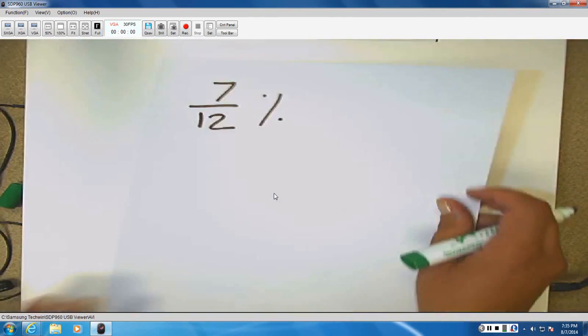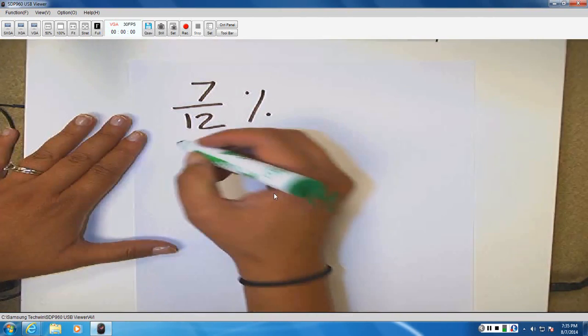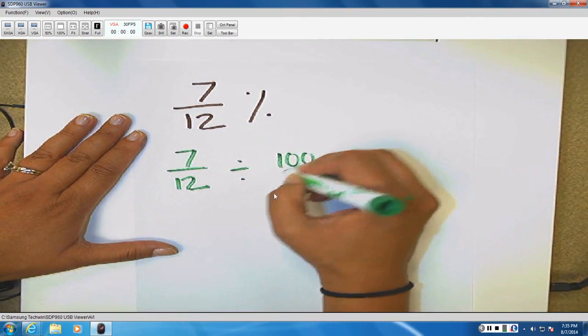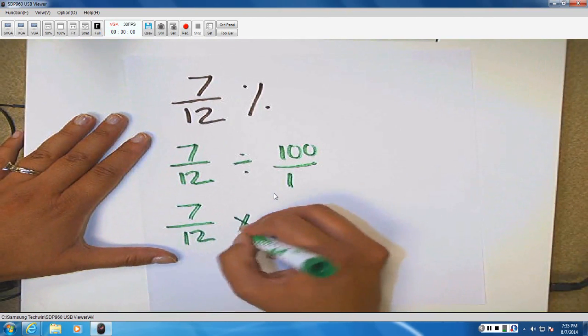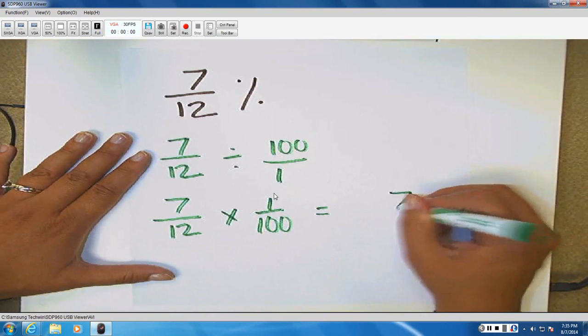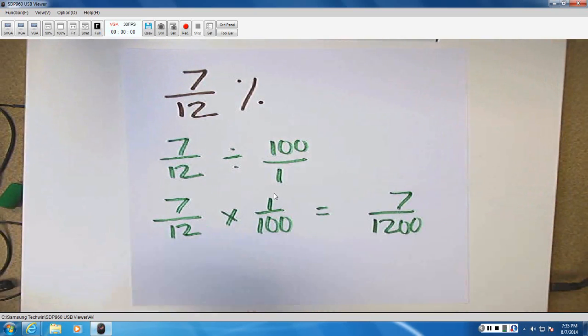We'll do one more just to make sure you've got it. And the last one that we will do is 7/12%. We're going to take the percent of 7/12 and turn it into a decimal. In order to do that, I'm going to divide by 100. Essentially, of course, we know that's going to be multiplying by 1/100, and we end up with 7/1200ths.